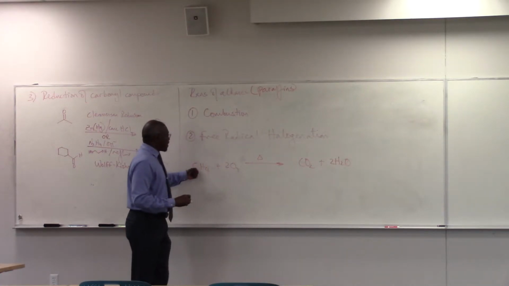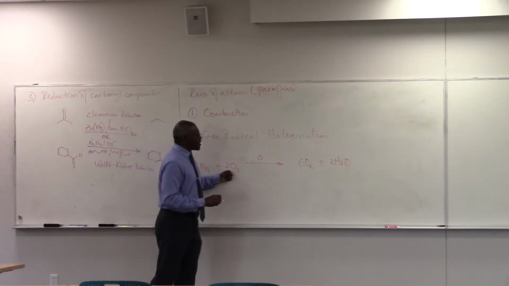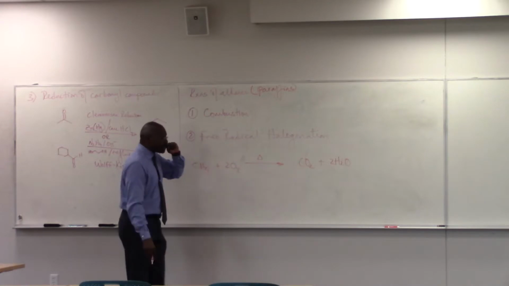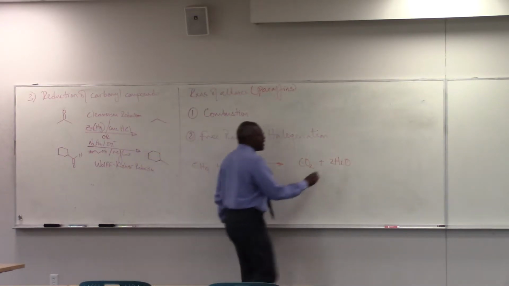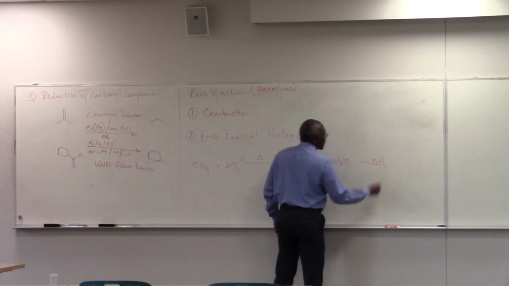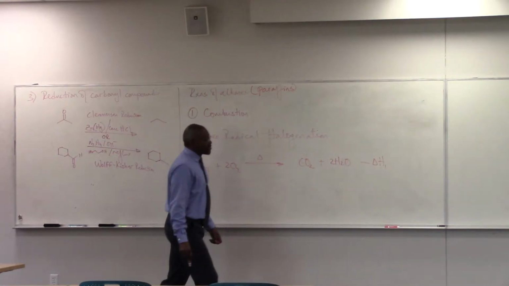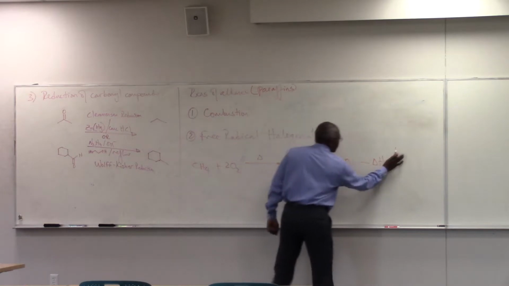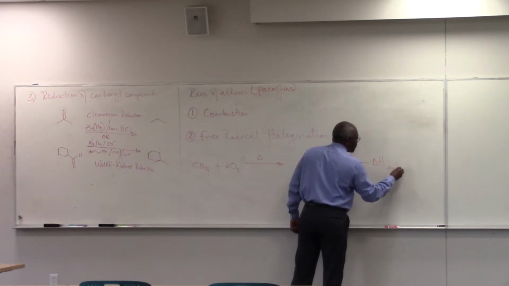So methane burns in oxygen to give carbon dioxide and water. The reaction releases a large amount of energy. Let's call it delta H of combustion 1.